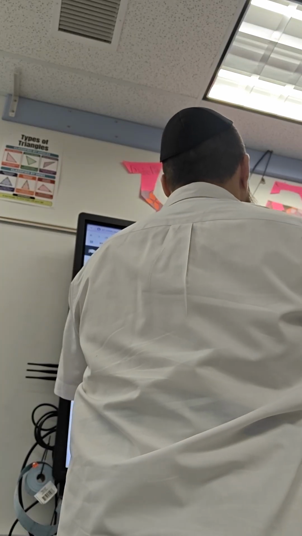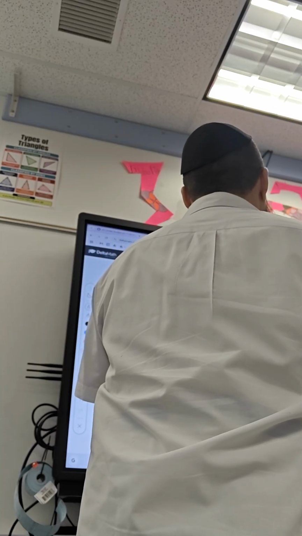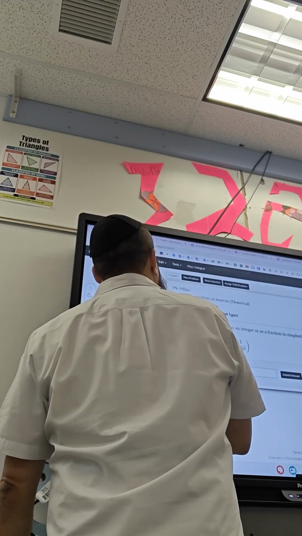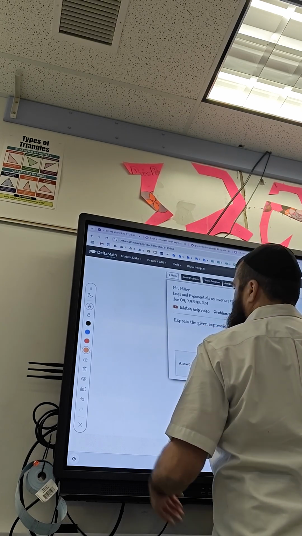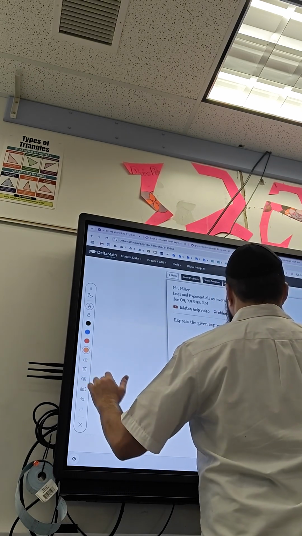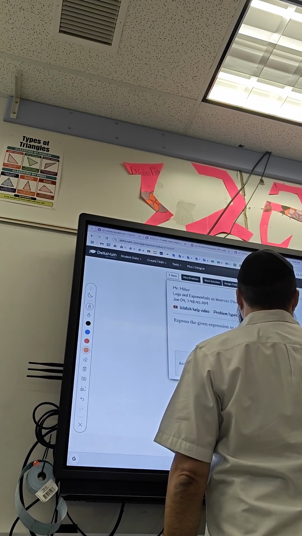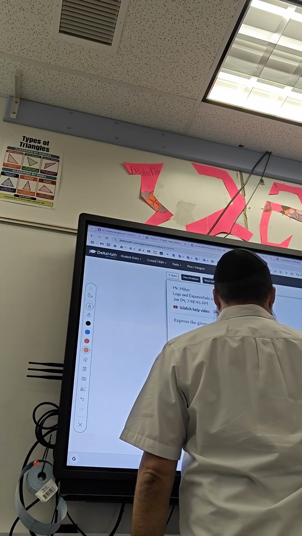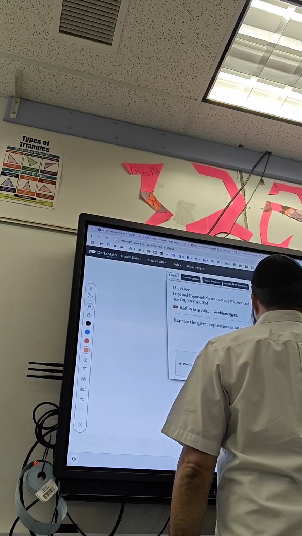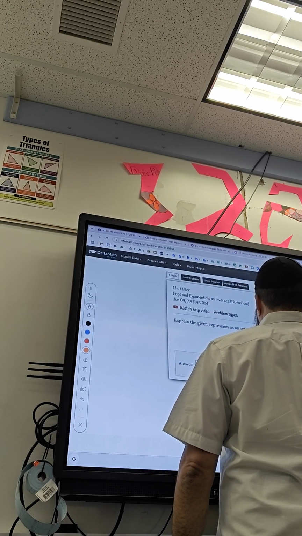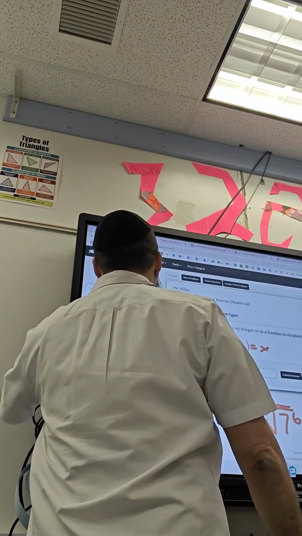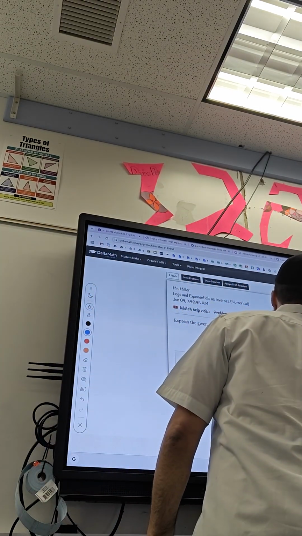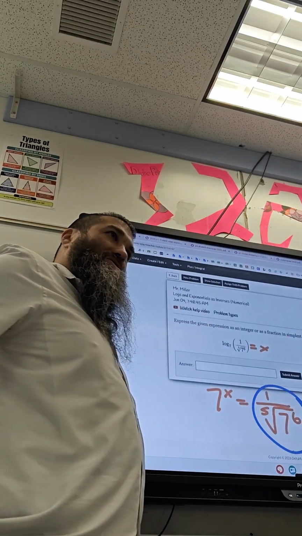Third set. Express it as an integer or as a fraction in simplest form. Okay, it's kind of ugly, but it still works the same way. So we say this equals x. So we get 7 to the x equals 1 over the 5th root of 7 to the 6th. So our job right now is to rewrite this thing as a power of 7.